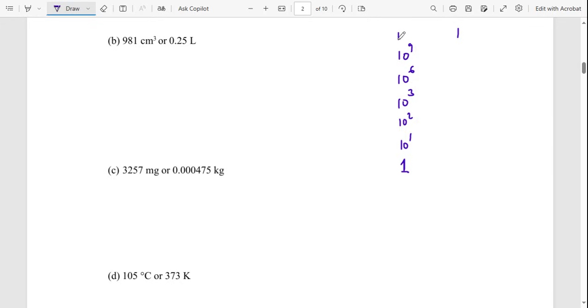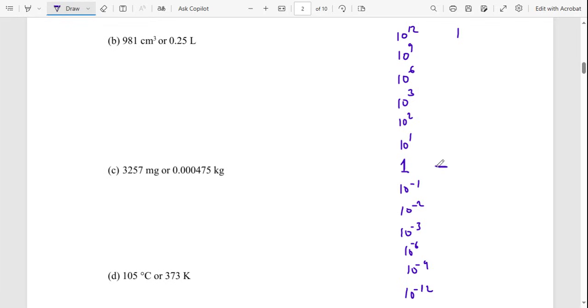I'll end at 12 because that's what we pay attention to. Down here, I'll use the same powers, but I'll attach a negative: 10 to the power negative 1, 10 to the power negative 2, 10 to the power negative 3, 10 to the power negative 6, 10 to the power negative 9, and 10 to the power negative 12.